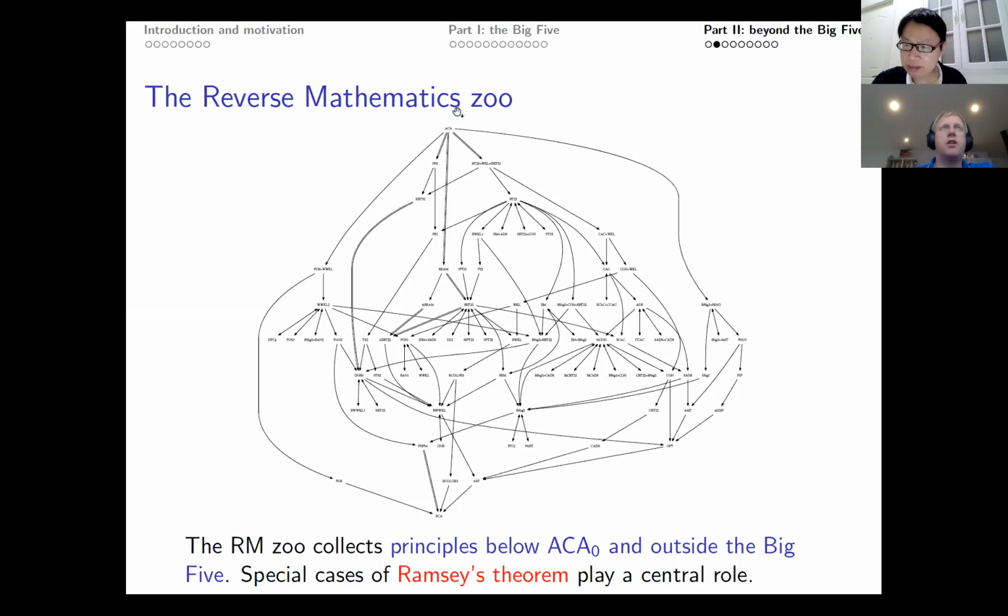They are just above ACA0, but they are stronger than ACA0. Julien's theorem, I'll type it in the chat, is an example. It's about countable linear orders.